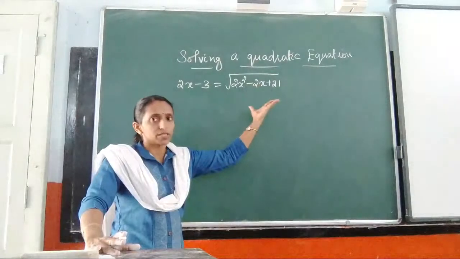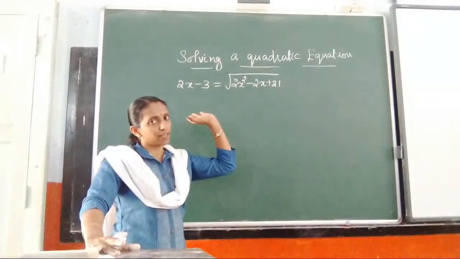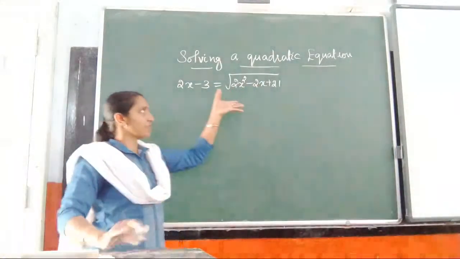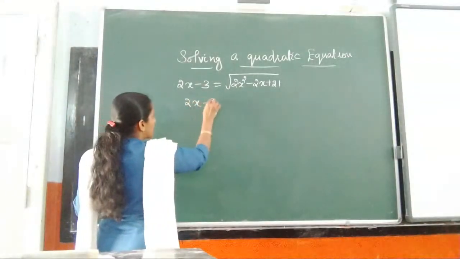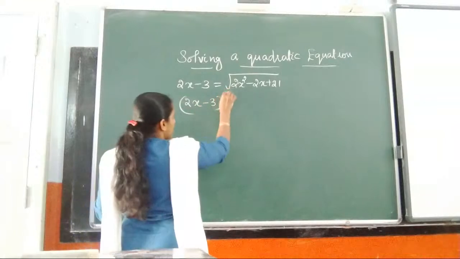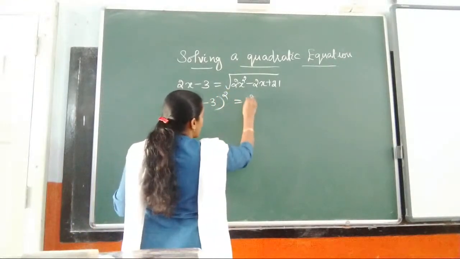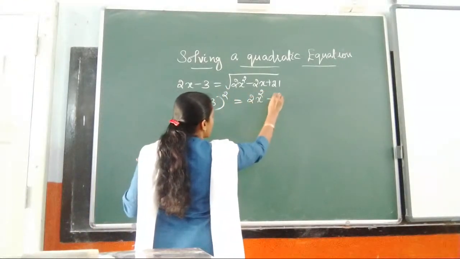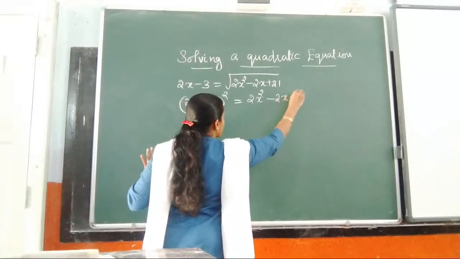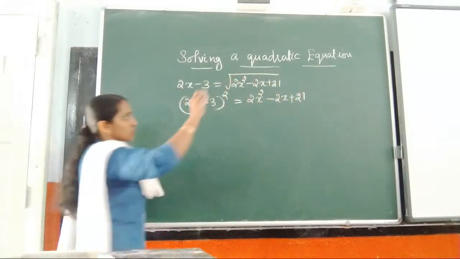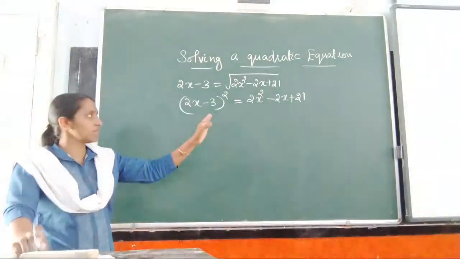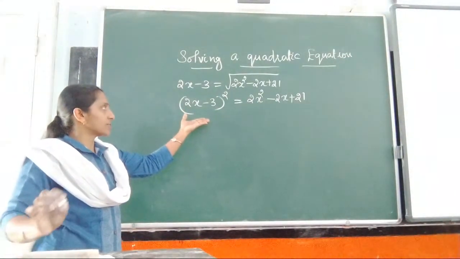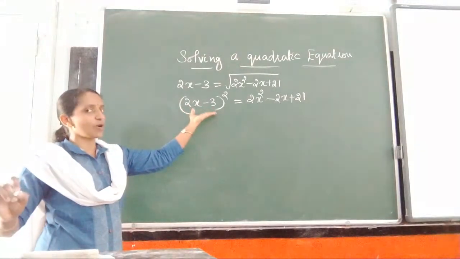We can remove the square root by squaring both sides. So we will square both sides. That means you get 2x minus 3 the whole square is equal to 2x square minus 2x plus 21. Right? So then you will simplify it. This is a minus b whole square.